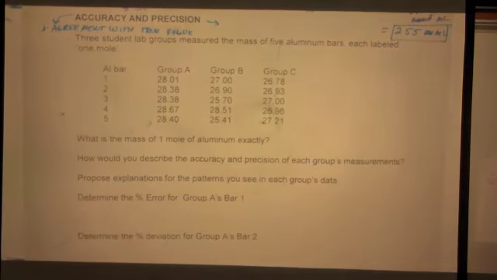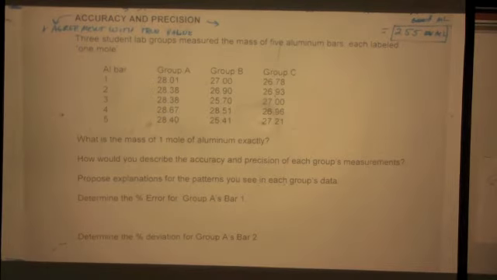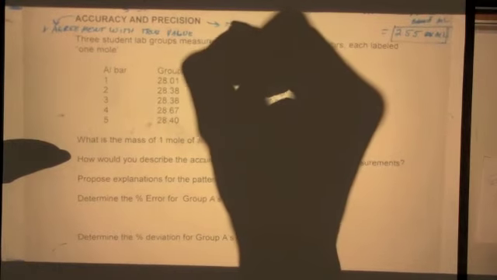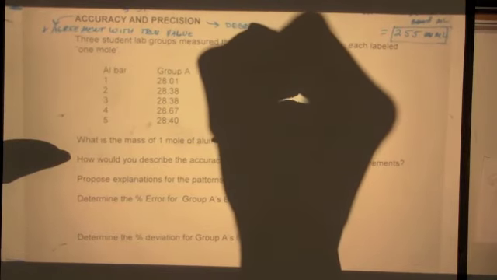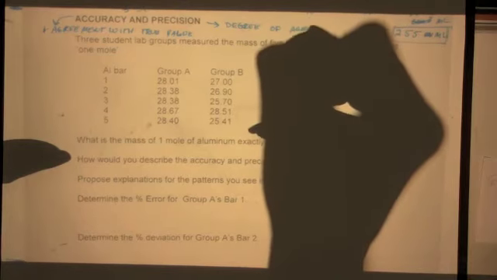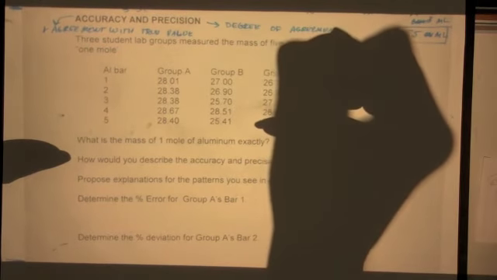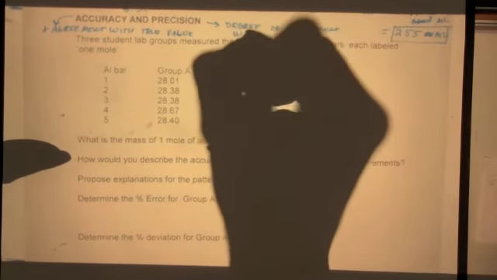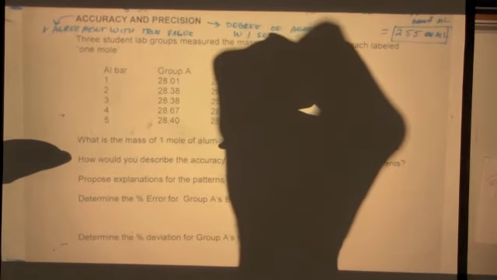That's accuracy. Precision is getting the same results as you do your measurement over and over again. The degree of agreement with several measurements.